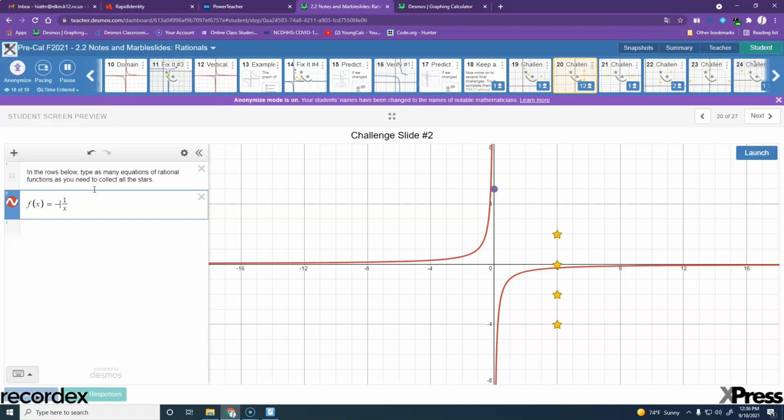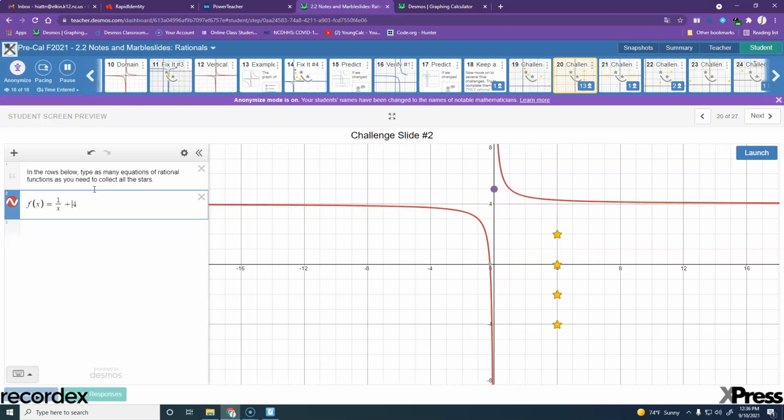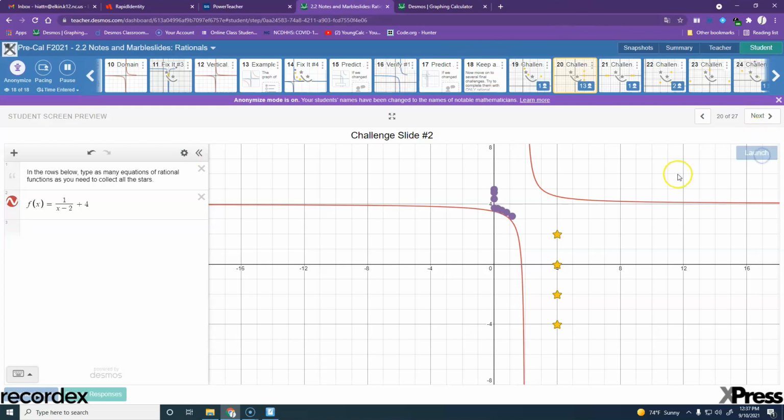Hang on, that's not really good. Don't put that negative in front. You can maybe move this one up 4 and then to the right 2. That's not there, but it's getting closer to where it might. If I launch this right now, it gets that bottom one. So it's getting closer, right? So you can move this around different ways.